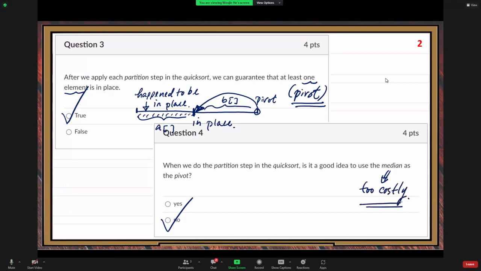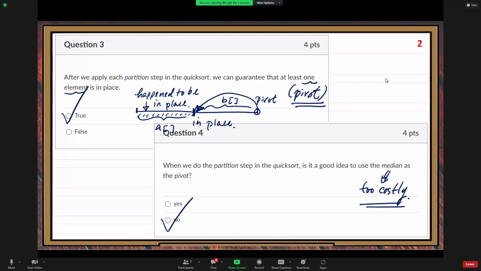Not worth it, too expensive. If you do it this way, you will greatly slow down the sorting.